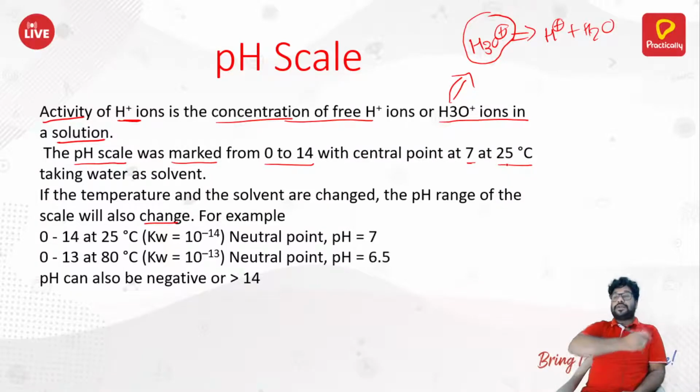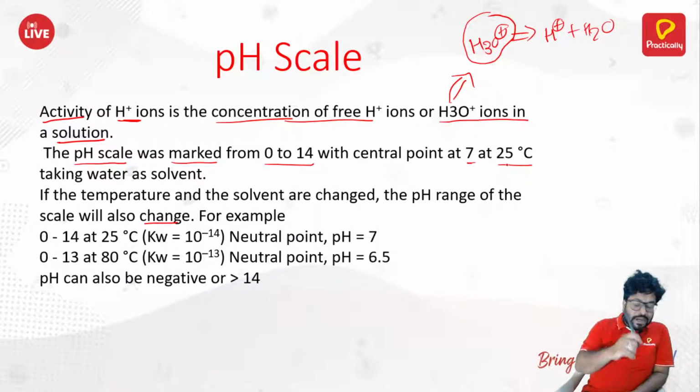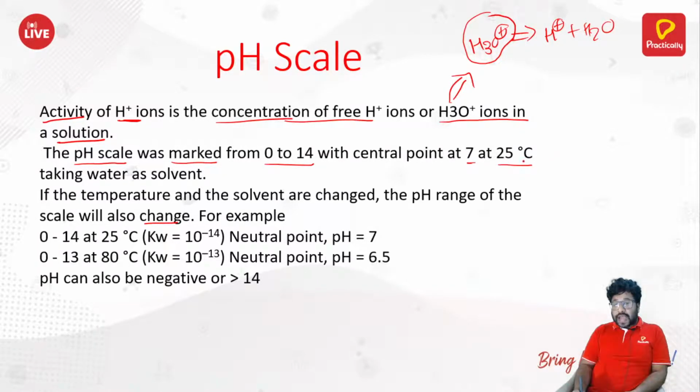That is at 25 degrees Celsius, when water dissociates to give 1 into 10 raised to minus 14. Remember that? Then we took a negative logarithm of that, which eventually gave us pKw 14. But all of that was happening at 25 degrees Celsius. That is why the pH scale that we know is applicable only at 25 degrees Celsius.